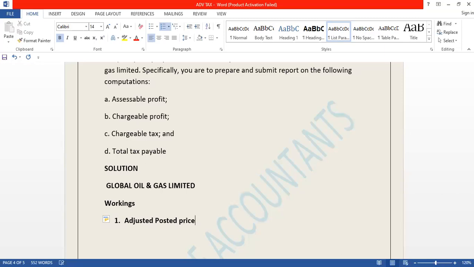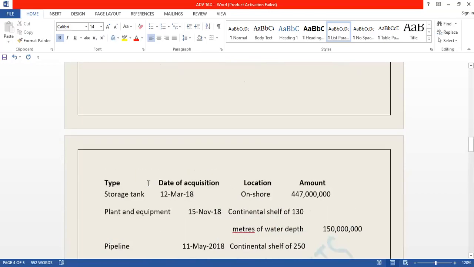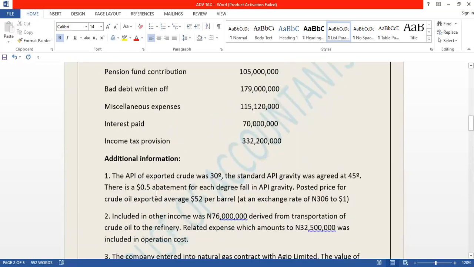To get our adjusted posted price, we need to go back to what we have as the first note, one after the other. They said the API of exported crude was 30 degrees. The standard API gravity was agreed at 45 degrees. That is the first one.